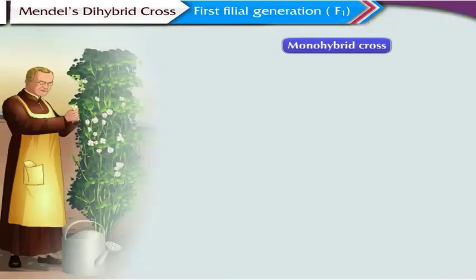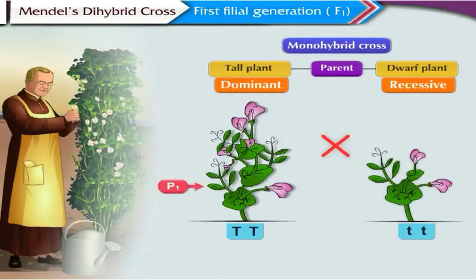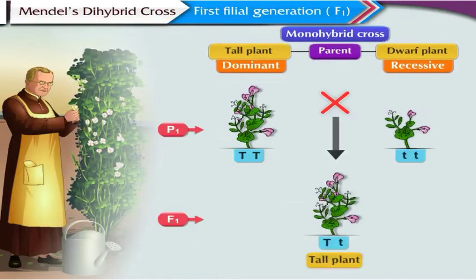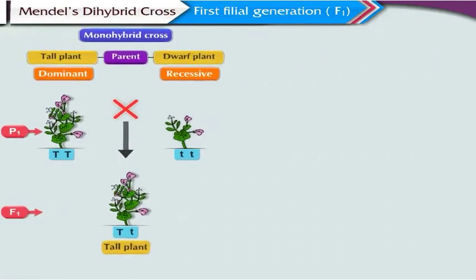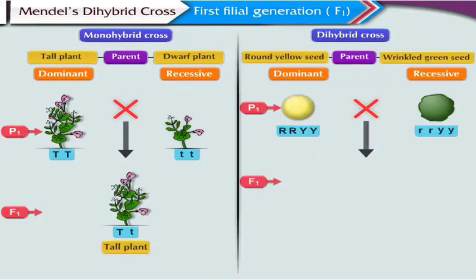First filial generation, F1. On the basis of the experiments with monohybrid crosses, Mendel expected that only the dominant characters would appear in the F1 generation. Thus, he anticipated that the plants of the F1 generation would have yellow and round seeds. His prediction was right.